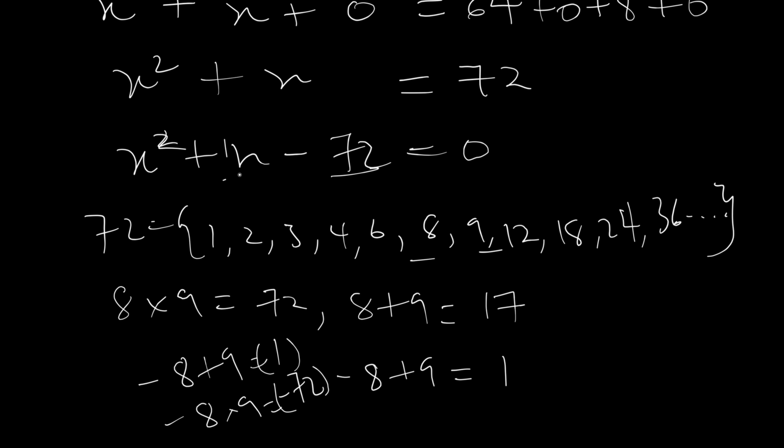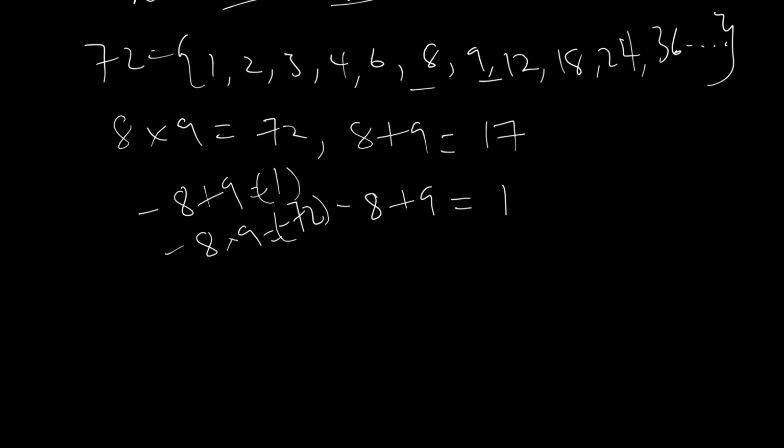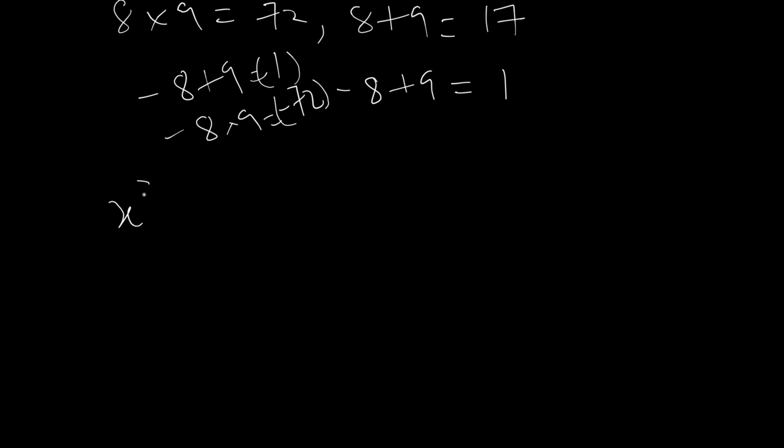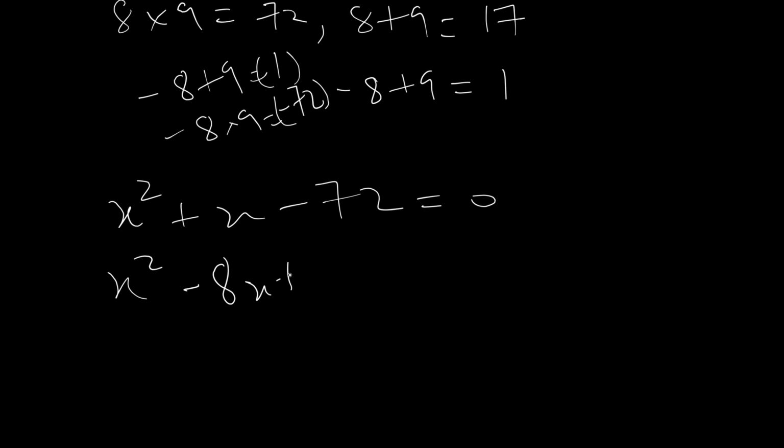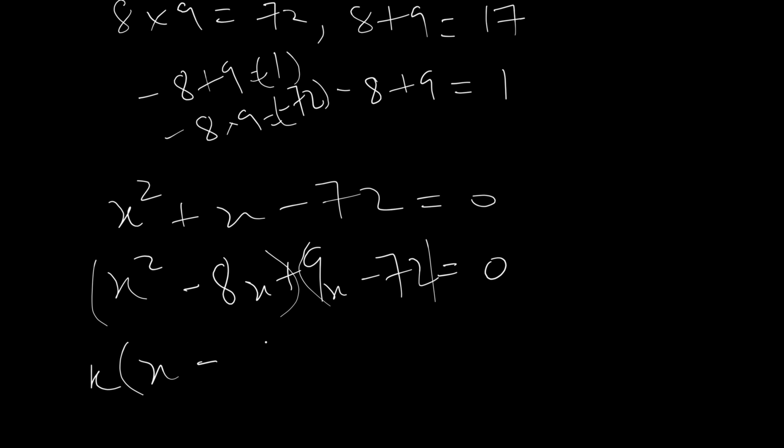Which is this and this. So then x squared plus x minus 72 equals 0 can be replaced with x squared minus 8x plus 9x minus 72 is equal to 0. So now when we factorize, we get x into brackets x minus 8 plus 9 into brackets x minus 8 is equal to 0.